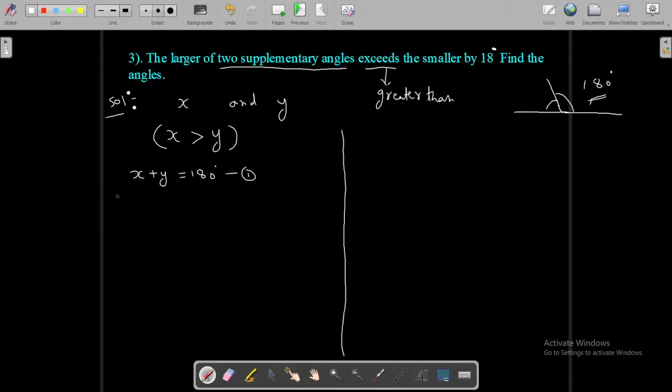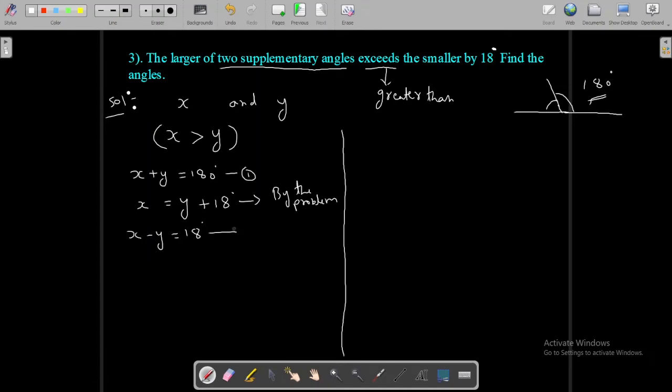According to the problem, x is equal to y plus 18. One of the angles exceeds the other by 18 degrees. So by the condition given in the problem, we can say that x is equal to y plus 18, or x minus y is equal to 18.